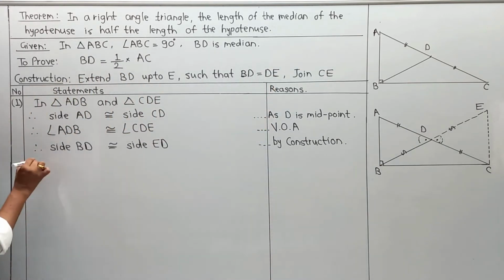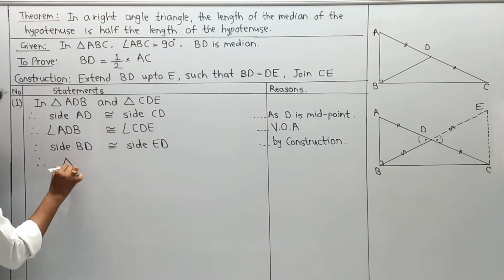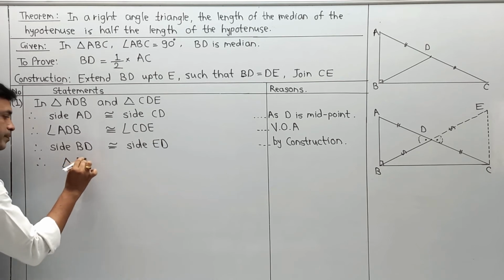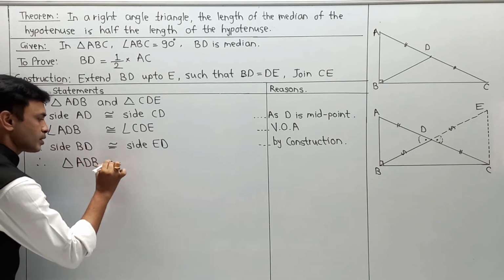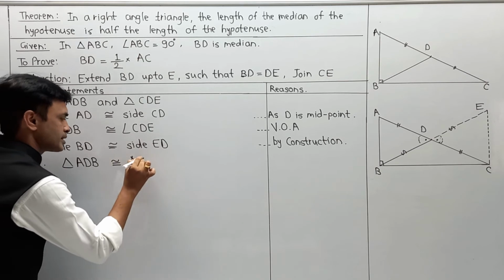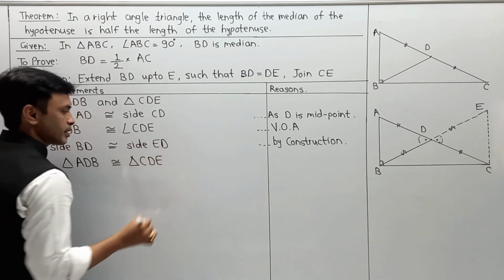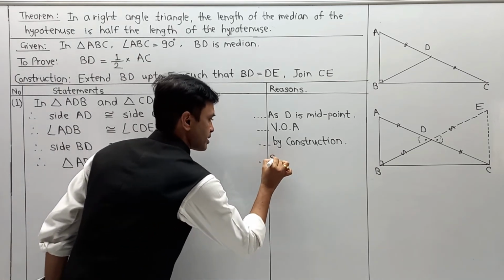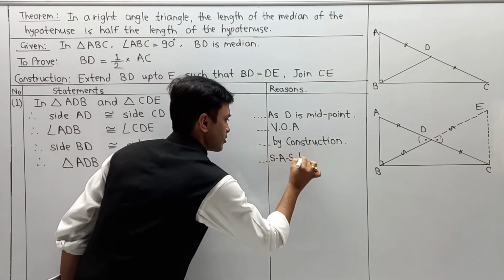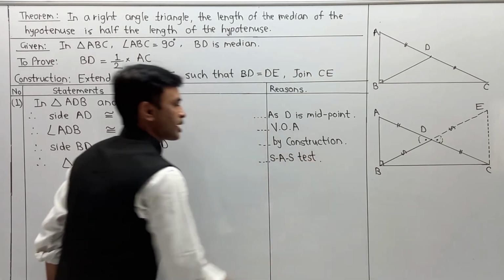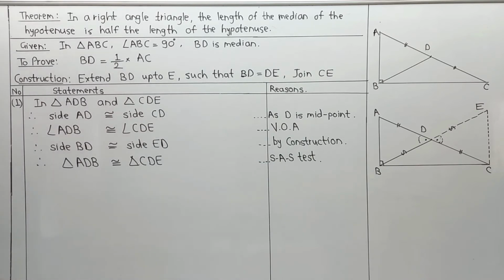Therefore triangle ADB is congruent to triangle CDE by the side angle side test of congruency, and in this way we are able to first clear the triangles to be congruent. Now when two triangles are congruent, their respective sides and respective angles must be congruent.